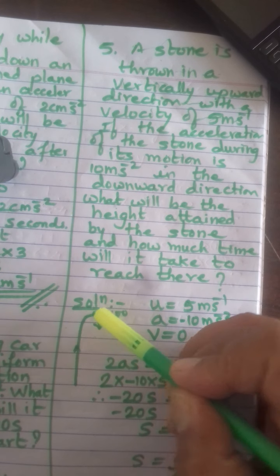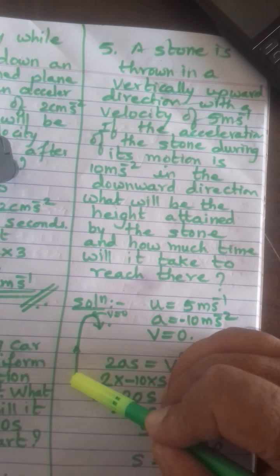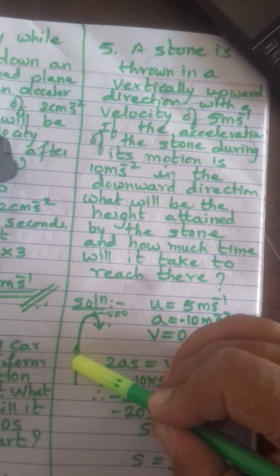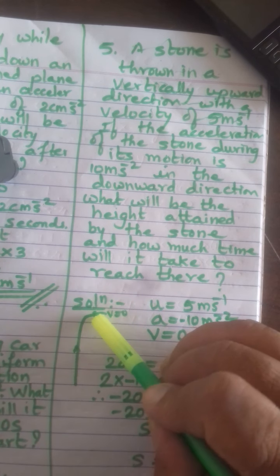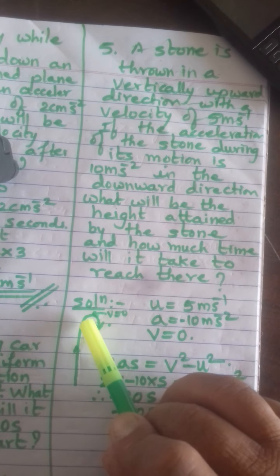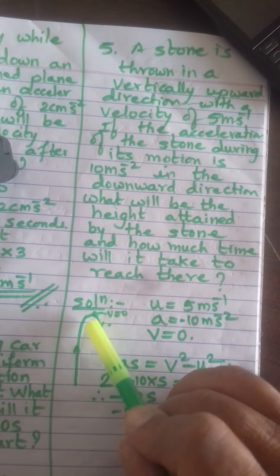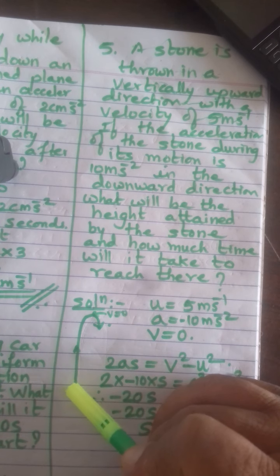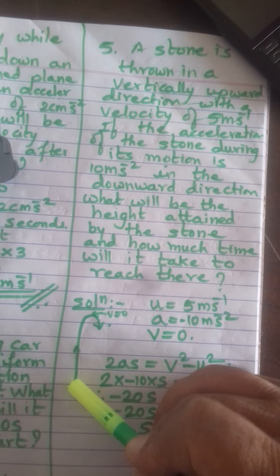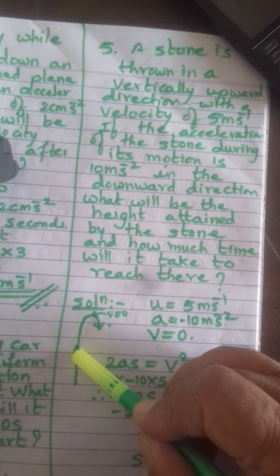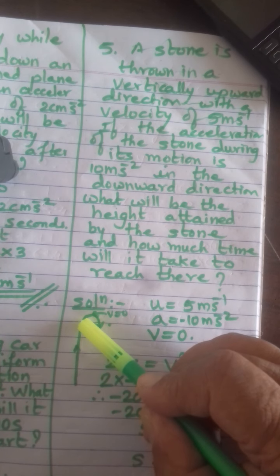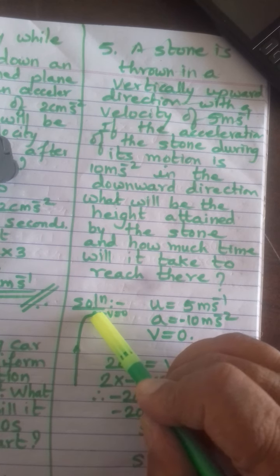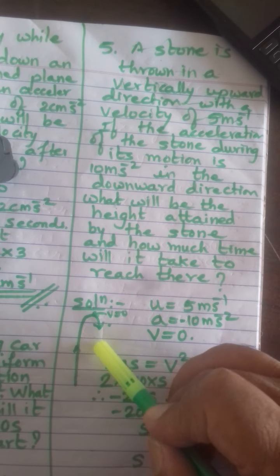When any object is thrown vertically upwards, it will reach its maximum height, and at the maximum height its final velocity becomes 0, and again it starts falling down.